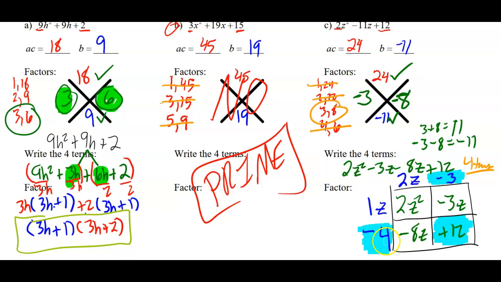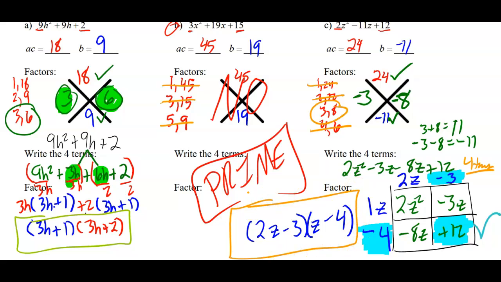So basically, what I'm saying is this number and that number need to multiply to that bottom box. That's how you're multiplying, is across and down. So negative 4 times negative 3. And that is positive 12, so that works. So I now have my factors. The top number is 2z minus 3, and the side factor is z minus 4. And that is how I basically figure out my factors.